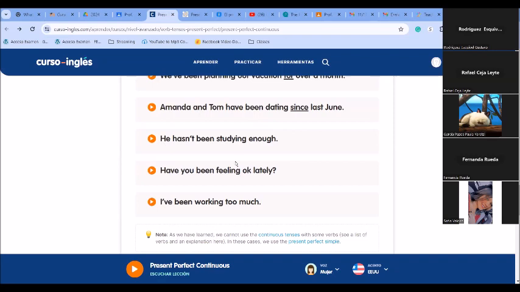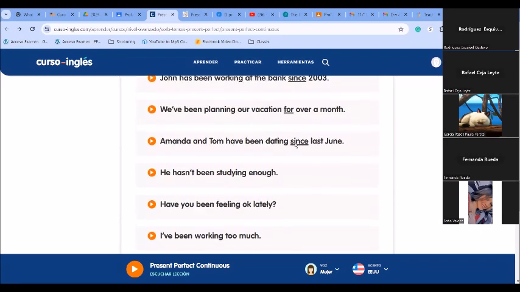Now you must be saying, but present perfect doesn't have specific time. You're correct. Notice it doesn't say June 1. And even if it does, it's not talking about that day only. It's telling you that June 1 was the beginning. So when you see since, starting point. When you see for, range. So for 10 days, for a year, for a semester at school. This is for range. This is for starting point.